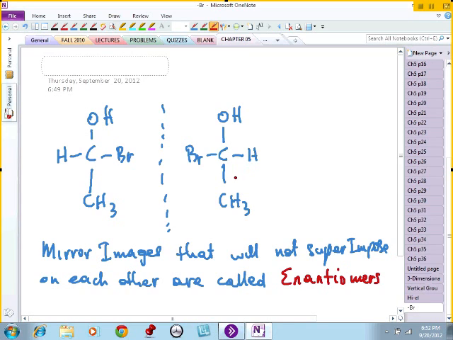Once you write the molecule in the Fischer projection, see whether you can superimpose them. You could slide this to here. Would they line up? No. You could turn the molecule 180 degrees. Would they line up? No.